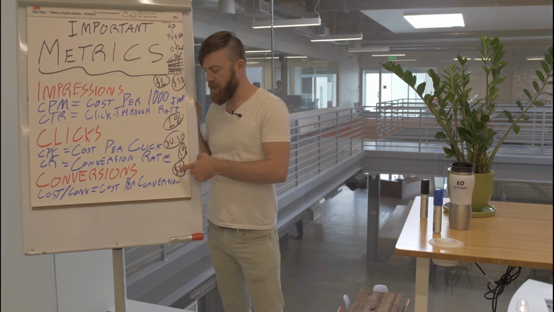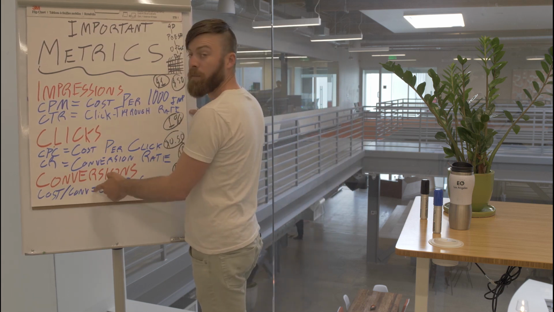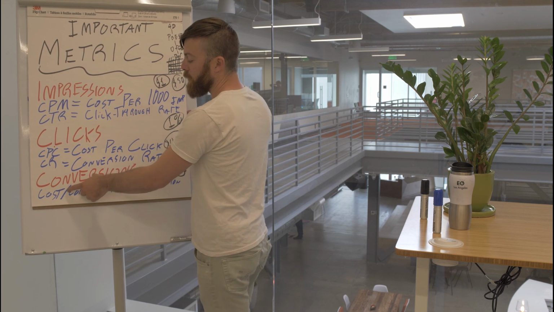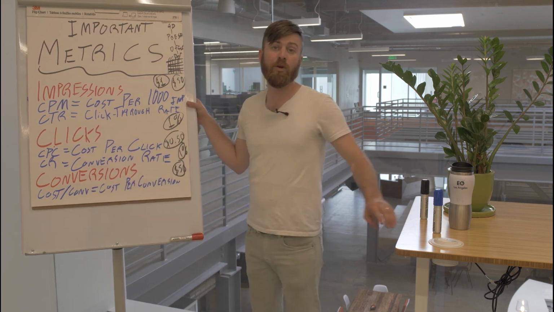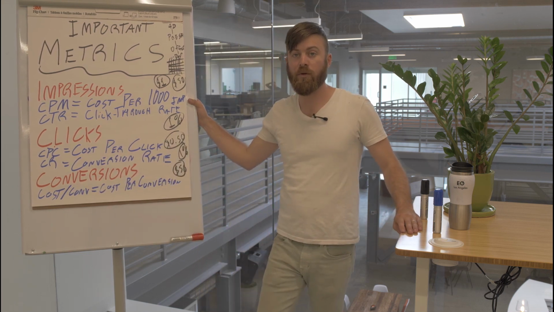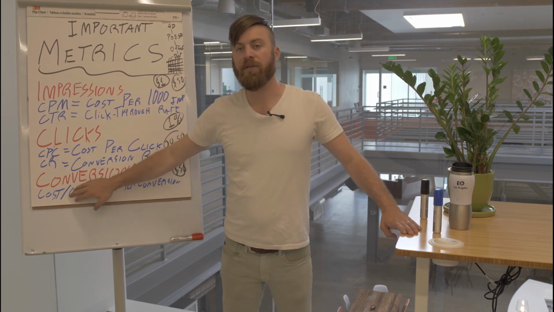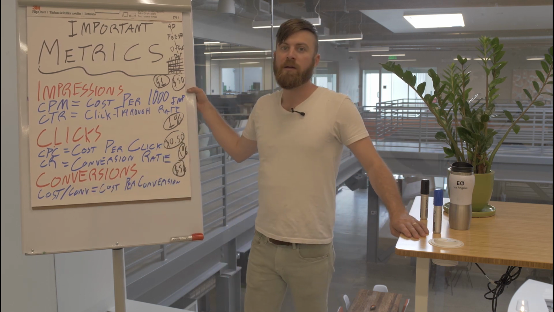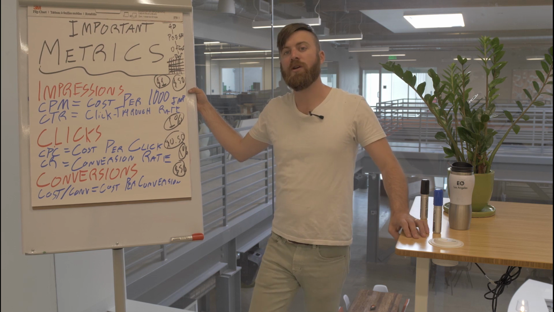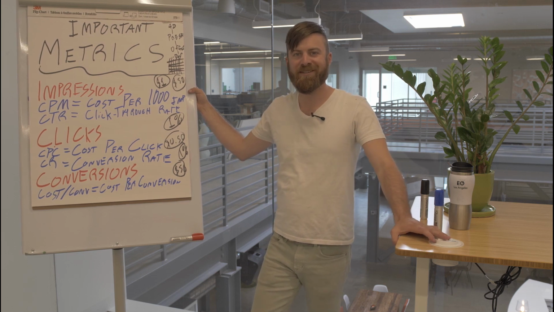All you care about really is this number being lower than the amount you're making on the actual sale of the product you're recommending. Once you've got this math down right, spend as much as you humanly want. And that's where scaling really comes into play.